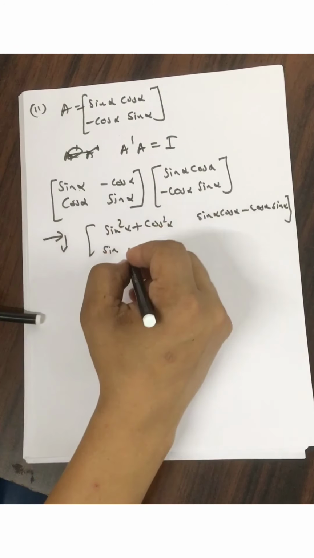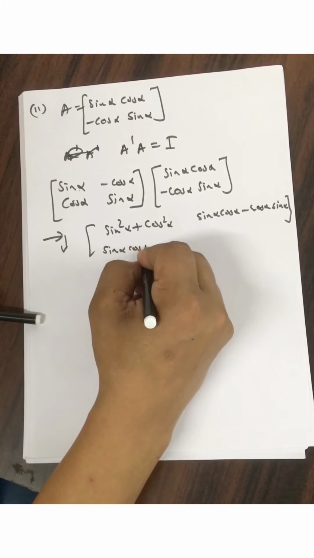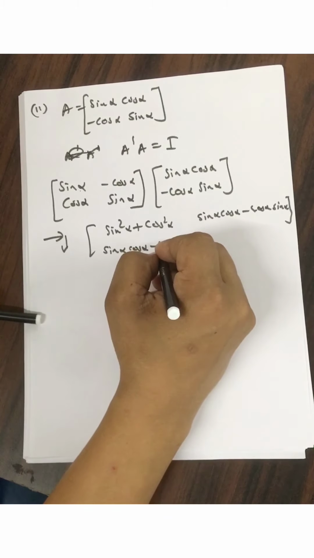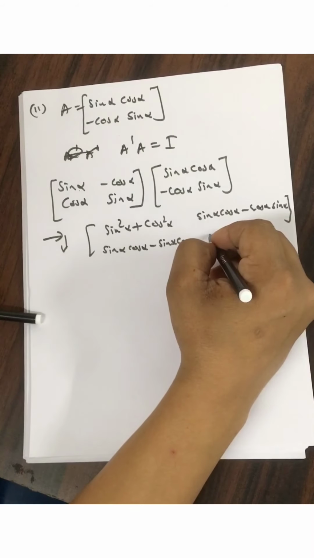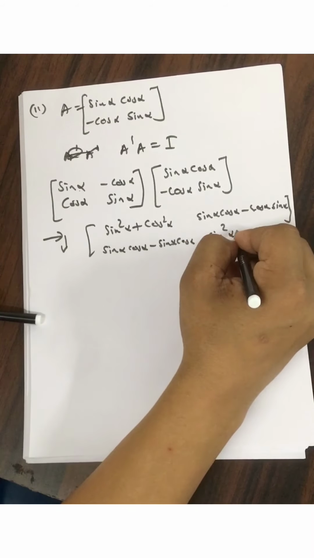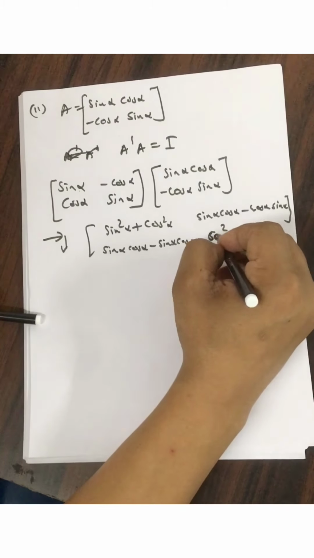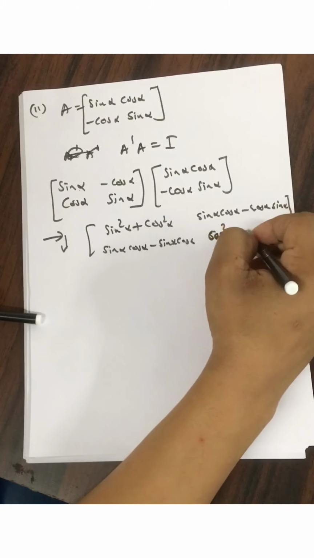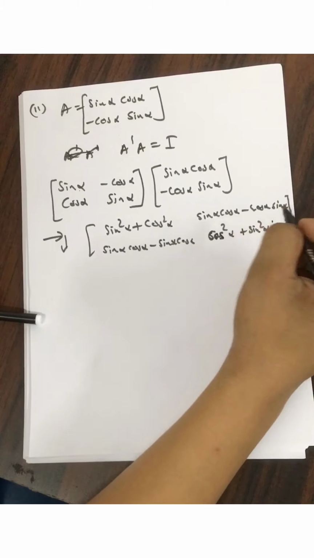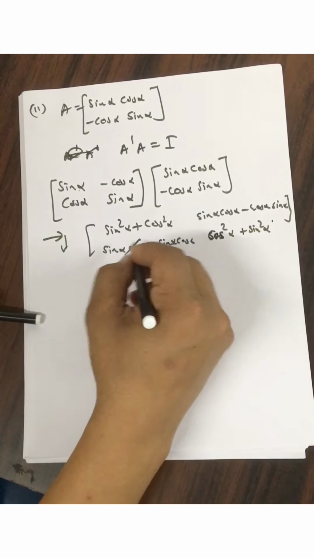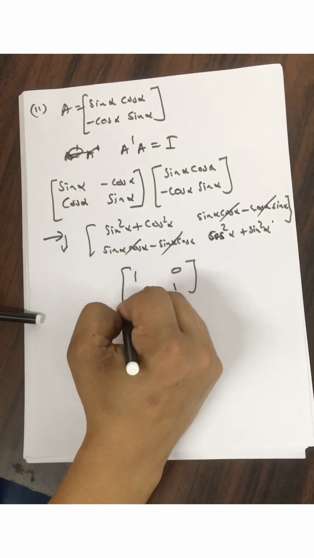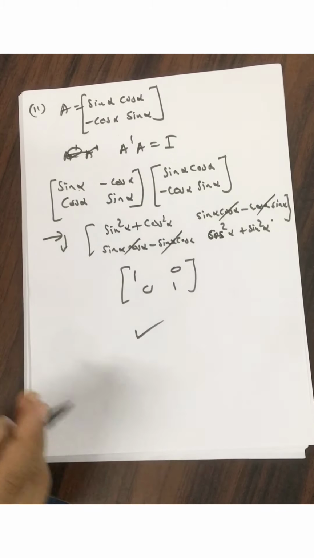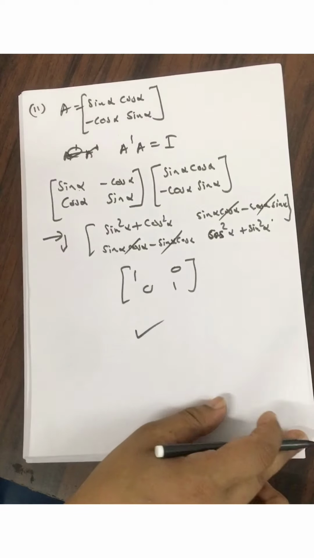And this you multiply by this, sin alpha cos alpha minus sin alpha cos alpha. Same process there. First is cos square alpha plus sin square alpha, so this will become 1, and this cancels with this, 1 0 0 1. Got it? Clear? Simple? 6th question is done. Let's move to the 7th.